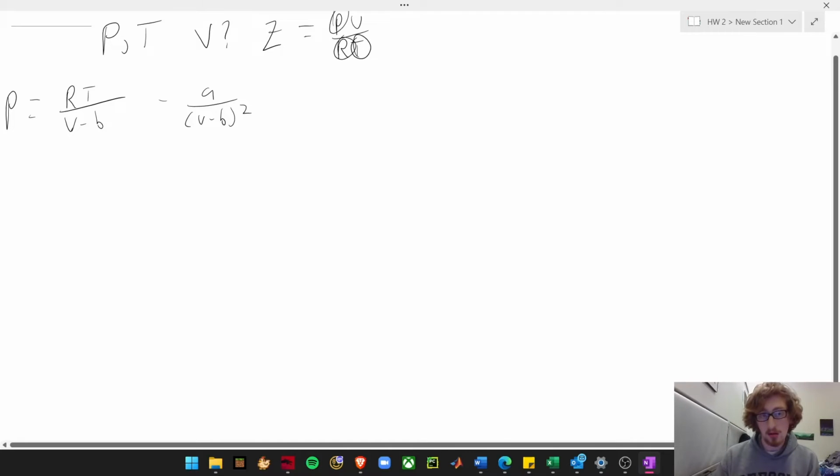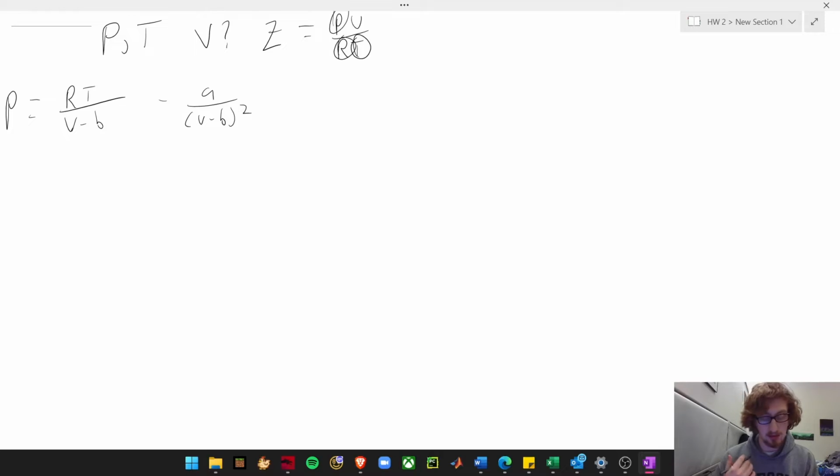So from here, we can come up with something called the generic cubic equation of state, and you'll see why it's called a cubic equation of state. The fact that it's generic means that there's a bunch of different methods for calculating the pressure, and depending on which method you choose, you can just change the values of some of the constants we're going to be using.